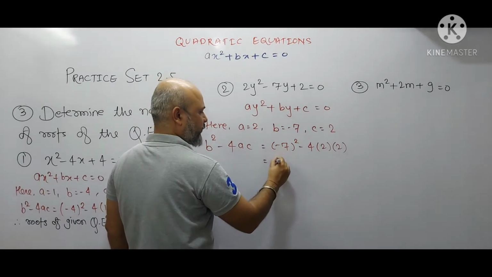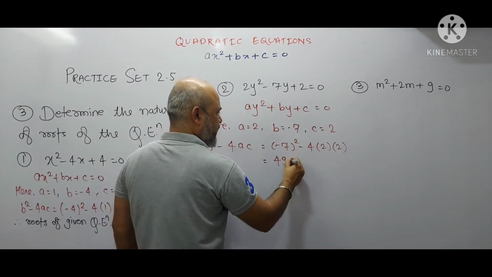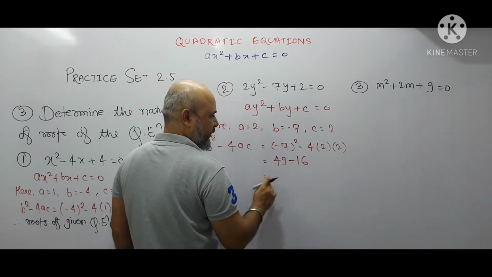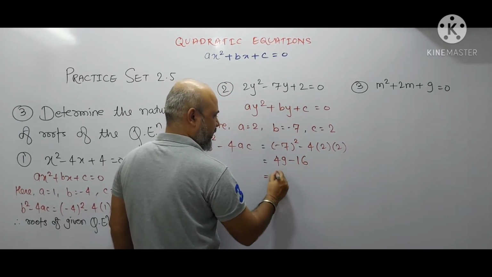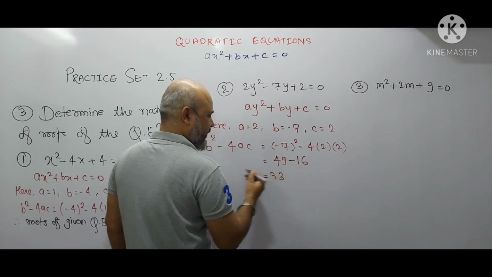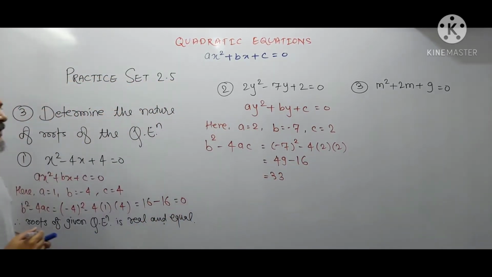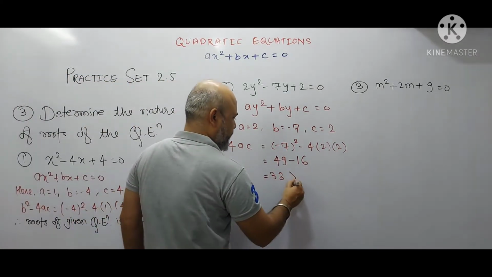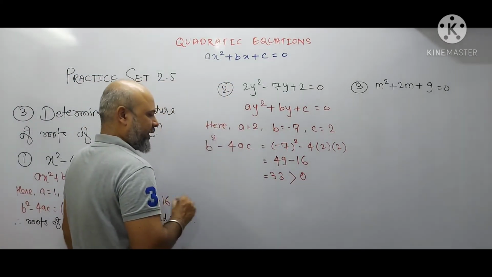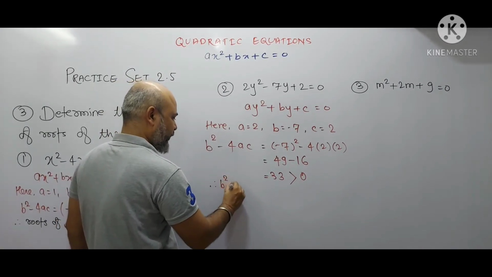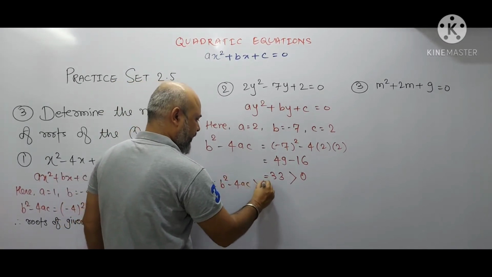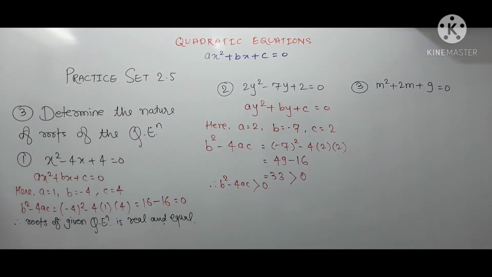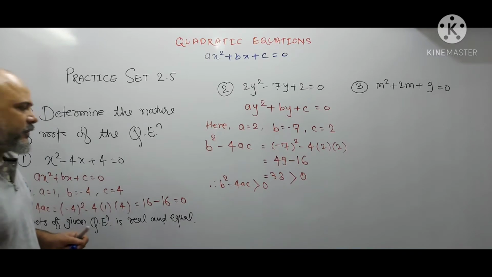So this is 49 minus 4 2s are 8, 8 2s are 16, and this is equal to 49 minus 16 is 33. So the value of discriminant, that is b square minus 4ac, is 33, which is greater than 0. So if the value of b square minus 4ac is greater than 0, then the roots of the quadratic equation will be real and unequal.